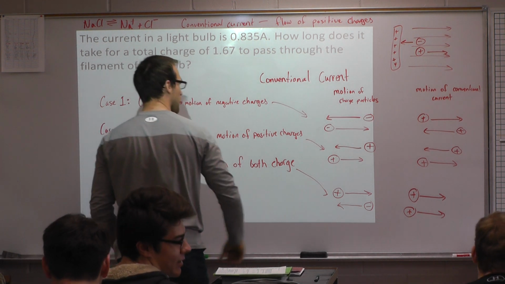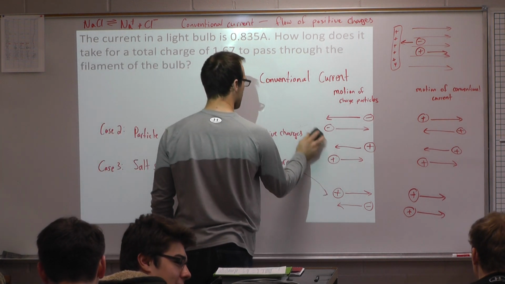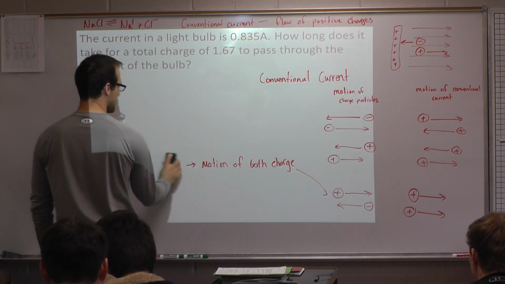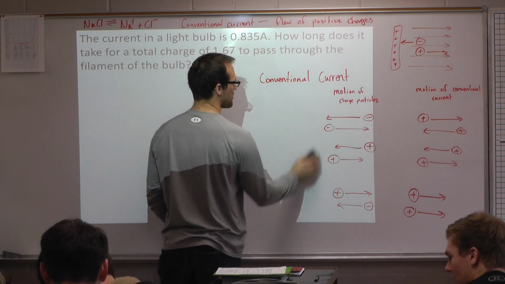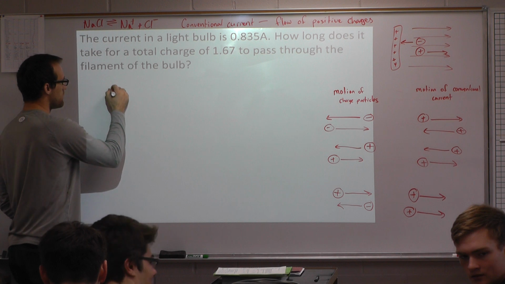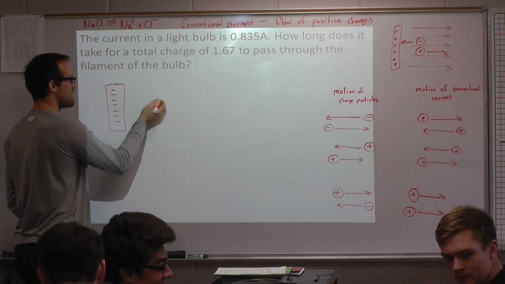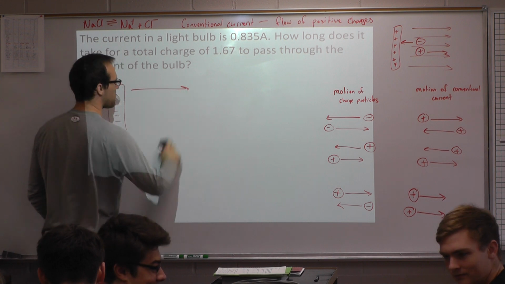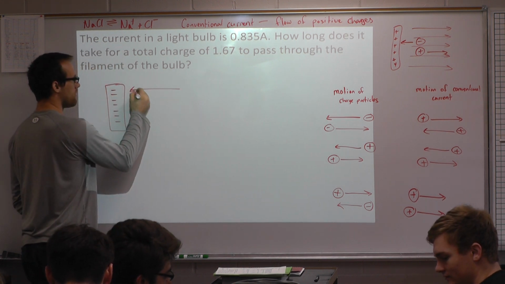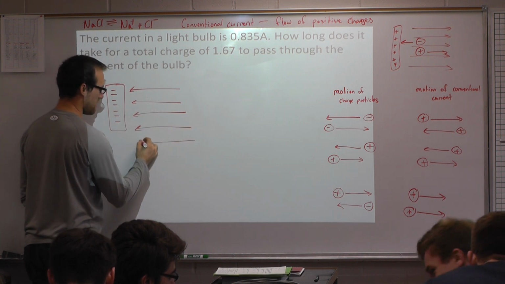Let me show it to you. It's based on what you define as conventional current. What did we define as conventional current? The flow of positive charges. So if this would be the opposite arrow, because field lines go towards the negative, right?